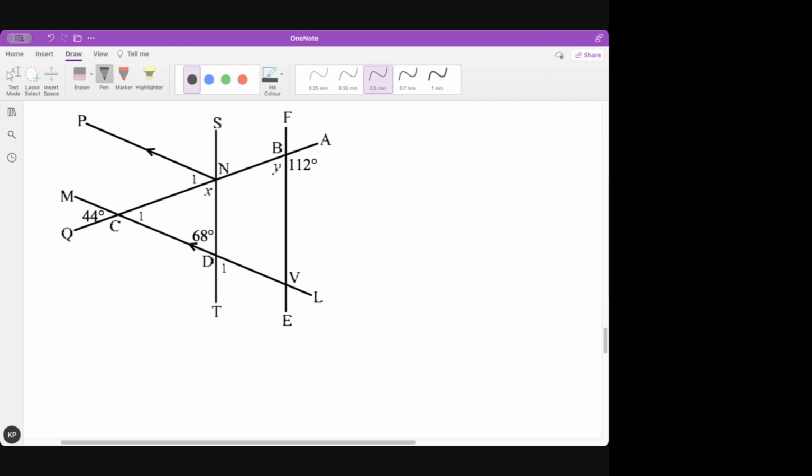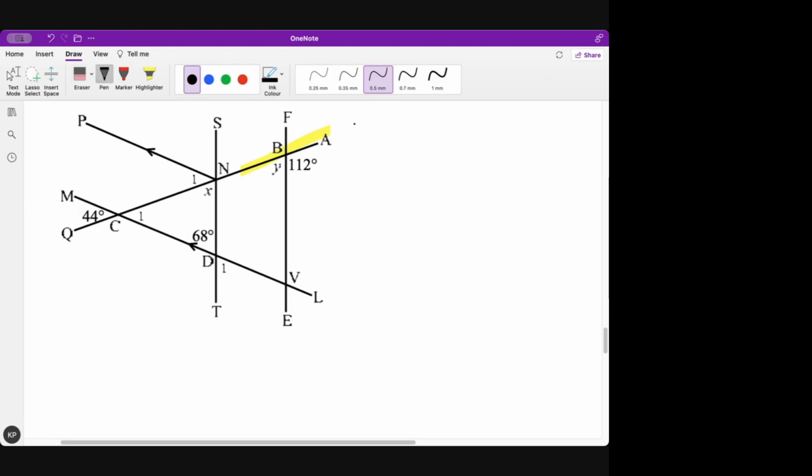Any ideas? Anything, guys? Yes, Buhlali, thank you very much. That would be true. You can find y using adjacent angles on a straight line because it is right next to 112.